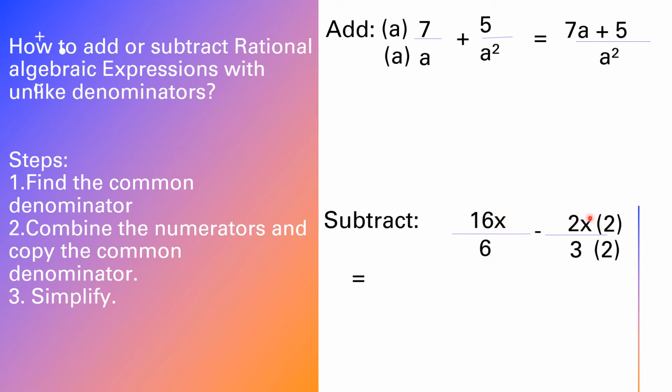And then 2 times 2x, that is 4x. So 16x minus 4x, and the denominator now is the same, which is 6. Just copy that one. Then I can simplify or subtract the numerator, 16x minus 4x, and that is equal to 12x divided by 6. 12 divided by 6 is 2, then copy x.